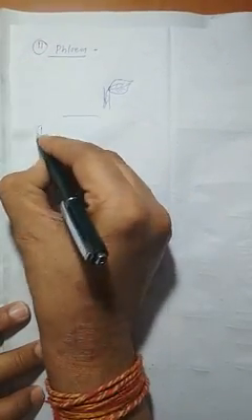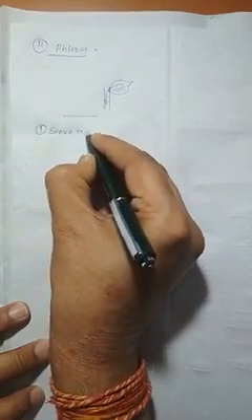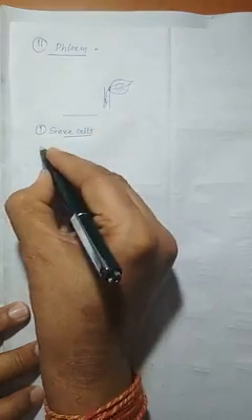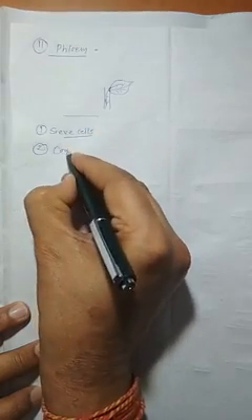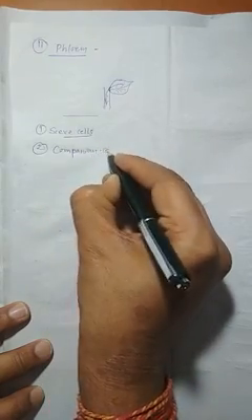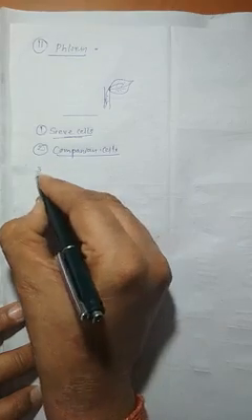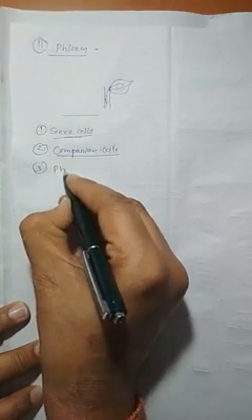Number 1, sieve cells. Number 2, companion cells. Number 3, phloem parenchyma.